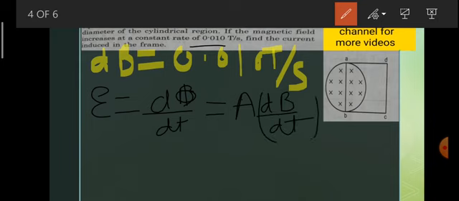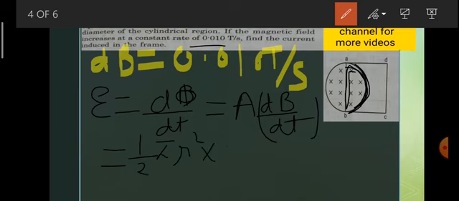Here dB over dt is 0.01 Tesla per second. And for the area, we see in this figure that the half circle of this square is in this magnetic field, so the area of the half circle is 1/2 pi r square.